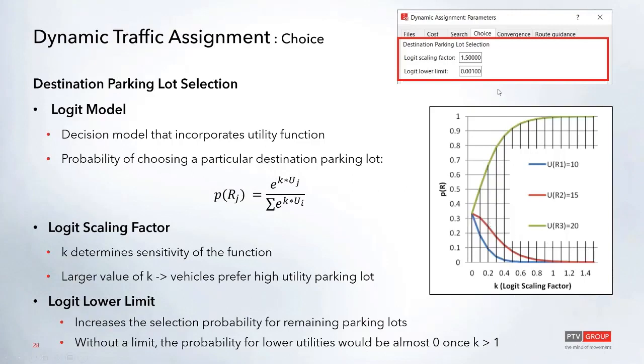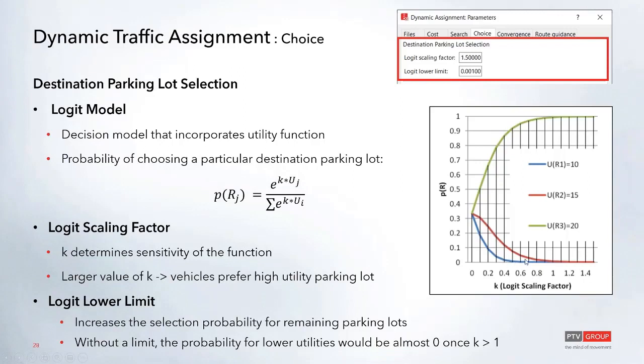If we take a look at this graph over here on the right-hand side, you'll see the green line has a utility of 20. So this will be our highest utility function, while the other two have a little bit lower utility. As the value of K increases, you'll see the probability of choosing one of these functions will change. If you have a very low value of K, the probability of choosing these paths is going to be pretty similar.